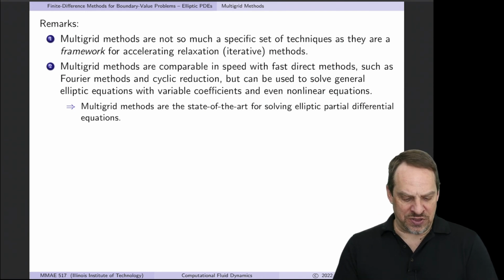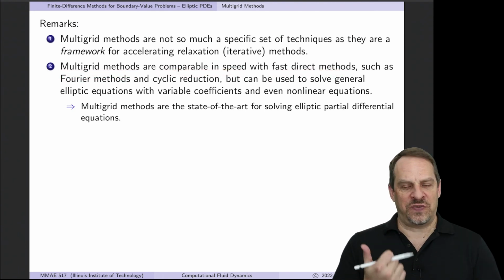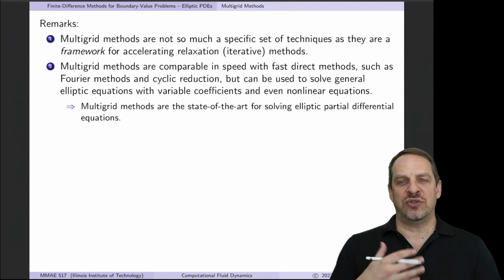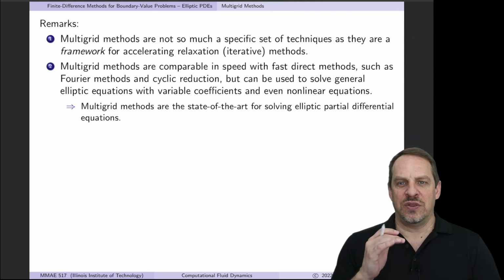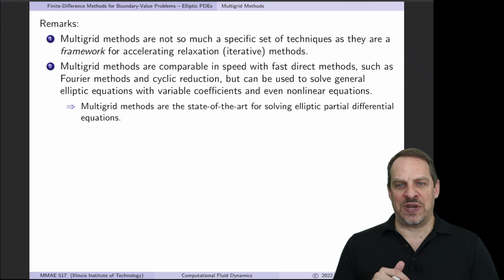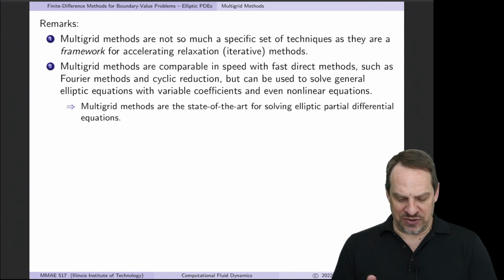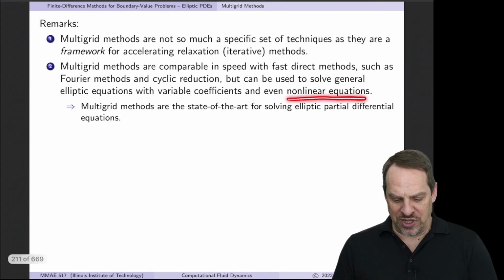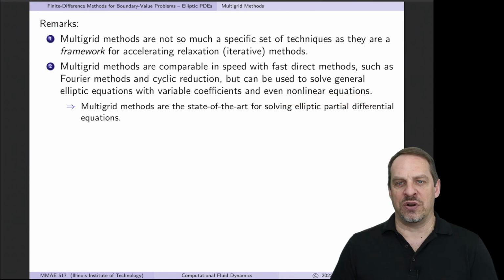But the payoff is that multigrid methods are comparable in speed with the fast direct solvers such as FFTs and cyclic reduction, which we can apply to linear elliptic PDEs. The multigrid method is just as fast as those, but has the added flexibility that we can incorporate these multigrid methods for nonlinear equations.